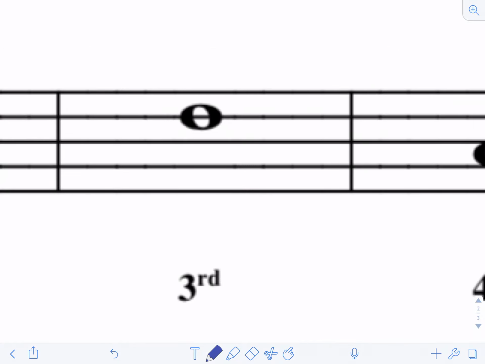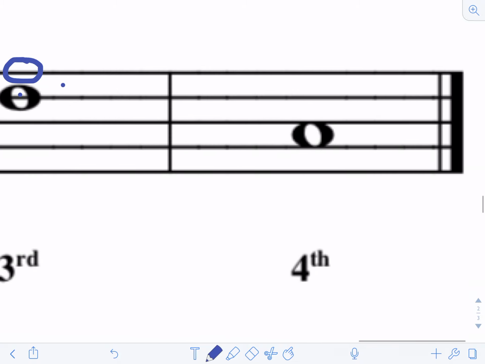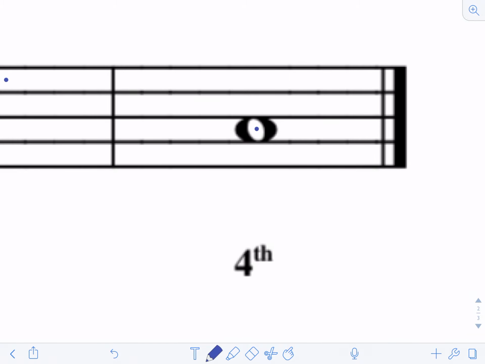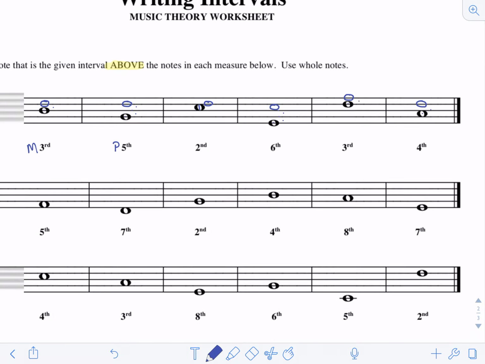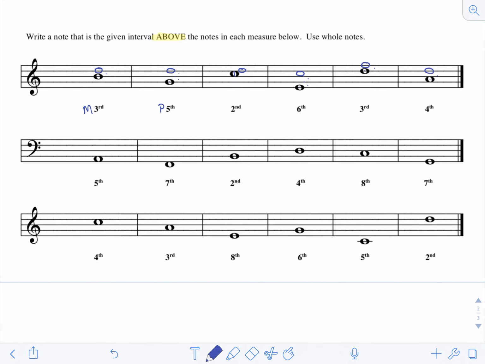Oh, we have another third. 1, 2, 3, and a fourth. 1, 2, 3, 4. So I'm going to zoom out, take a second, pause, check your answers.